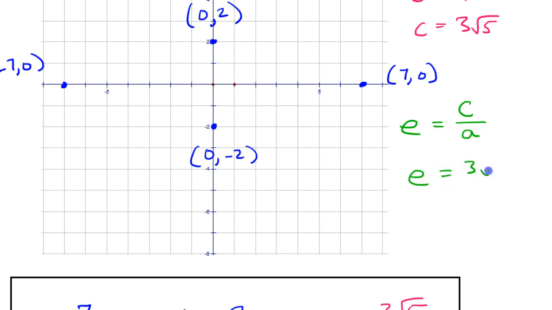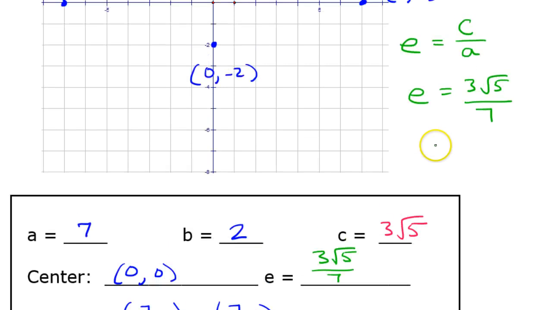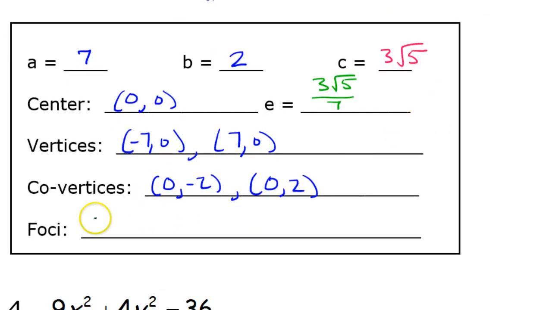So that means 3 radical 5 over 7. And that's it. Doesn't even reduce. So e is equal to 3 radical 5 over 7. C over a. Okay, what else do we need?